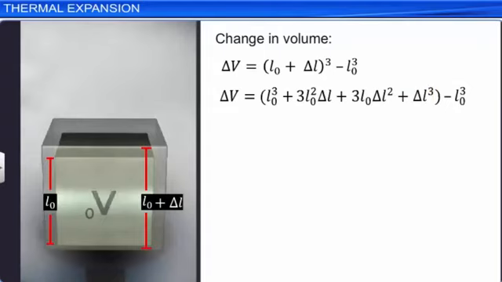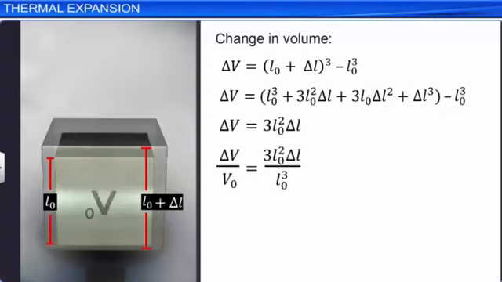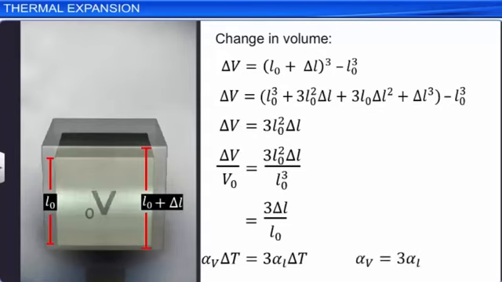Then we get delta V equal to 3 into L naught square into delta L. Now, dividing delta V by V naught, we get 3 into L naught square delta L by L naught cube. On further simplifying, we get alpha V equals 3 alpha L. Let this be equation 2.